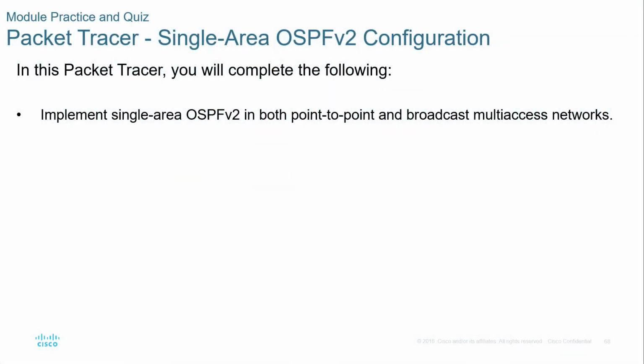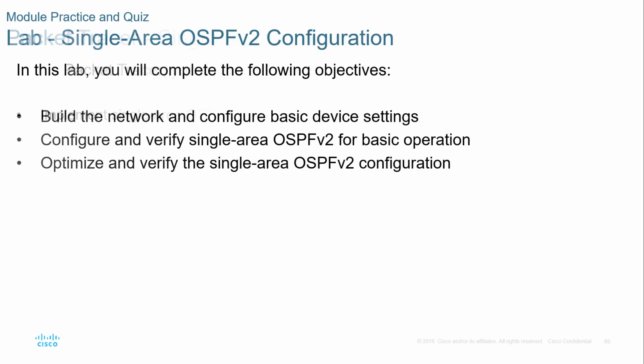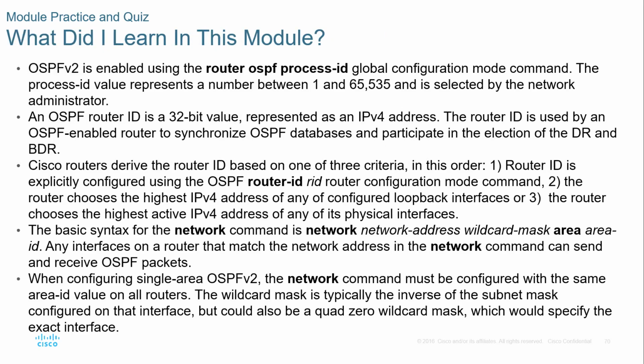Don't worry, we have another lab configuring things like point-to-point and our multi-access networks as well. We have a lab doing our configuration. So what we learned in this lesson is how to enable OSPF, how to issue router commands, how to issue network commands, and how to get it functioning at a very basic level.